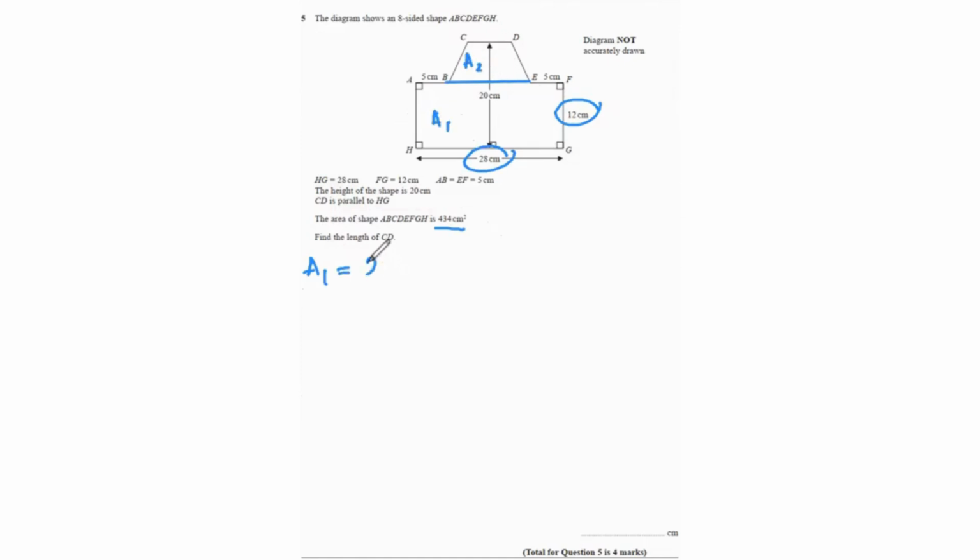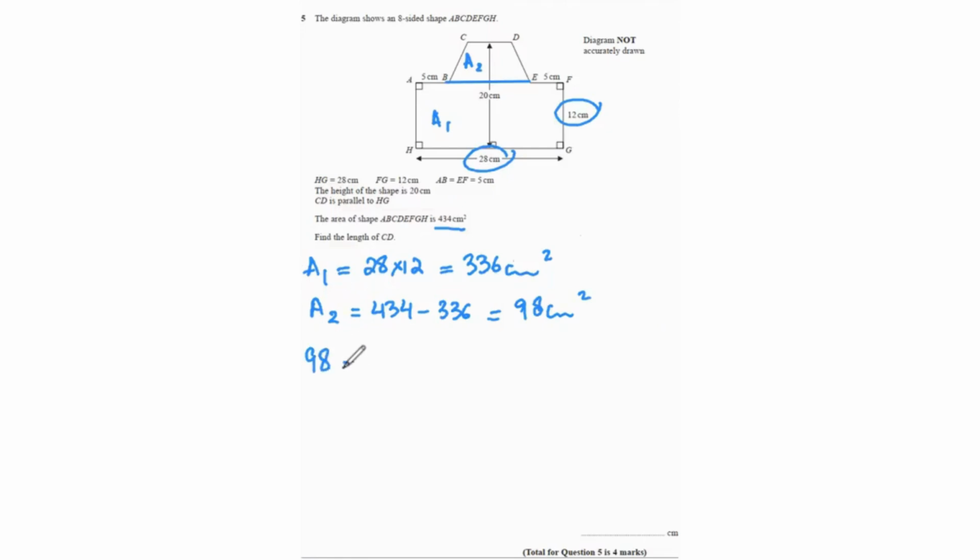Area 1 would be 28 times 12, which equals 336 centimeters squared. So if we subtract this from the given area of the total shape, we can find area 2. So that's 434 minus 336, which gives us 98 centimeters square.